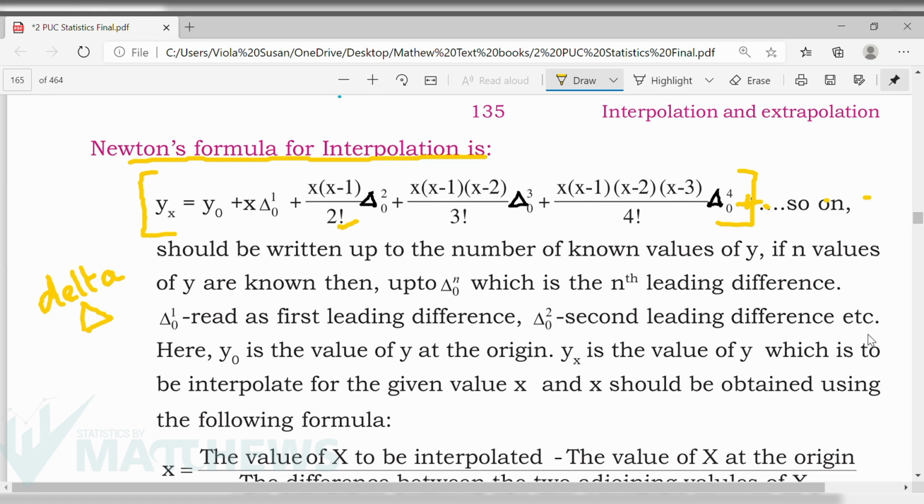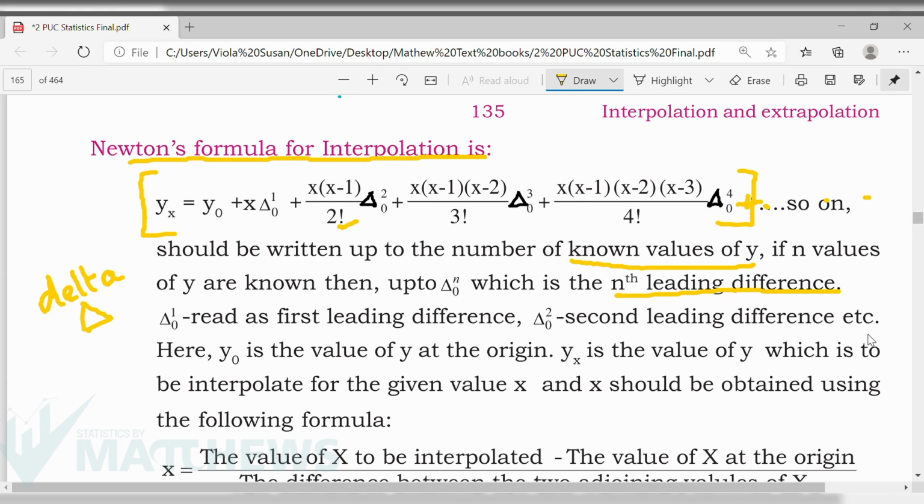Now, it should be written up to the number of known values of y. If 5 values of y are known to us, then we have to write up to Δ^5 y_0, till there we have to write it. Up to Δ^5, which is called the nth leading difference.